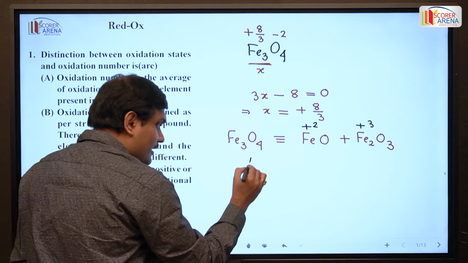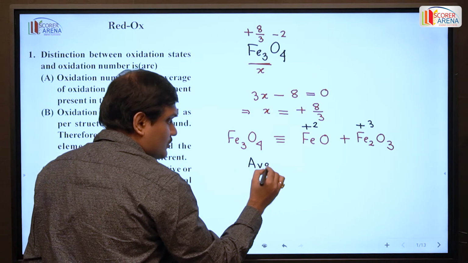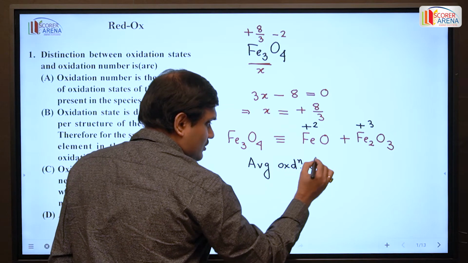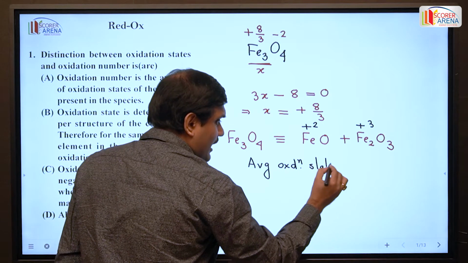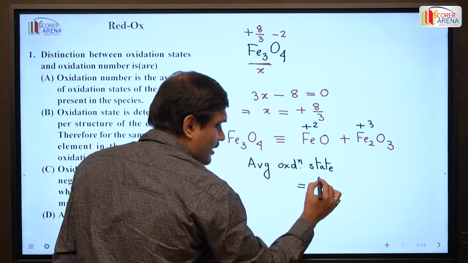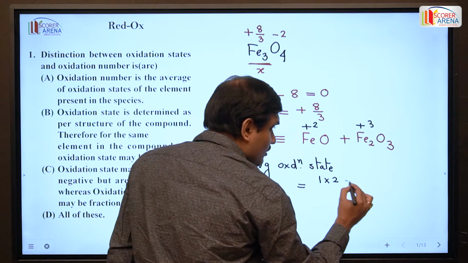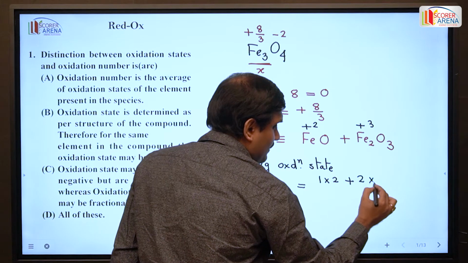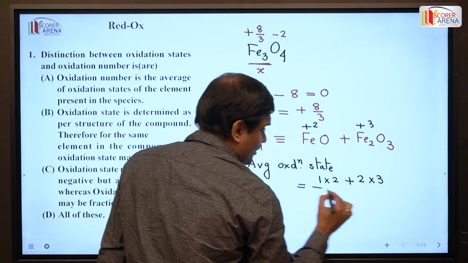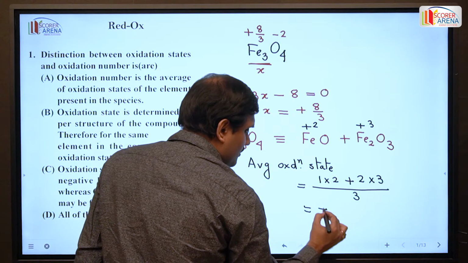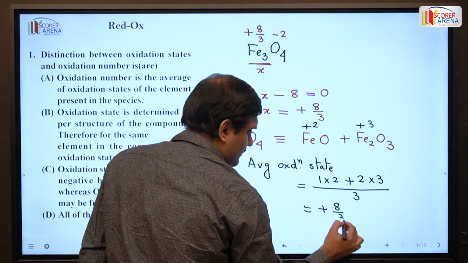If we find the average of the oxidation states of all the iron present in it, one iron having plus 2 charge and 2 irons having plus 3 charge, divided by a total of 3 irons, it will be plus 8/3.